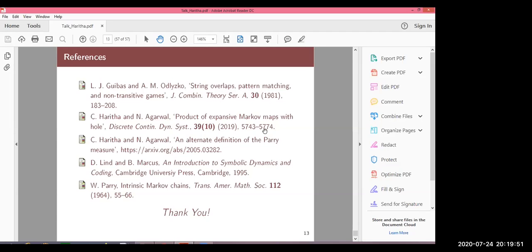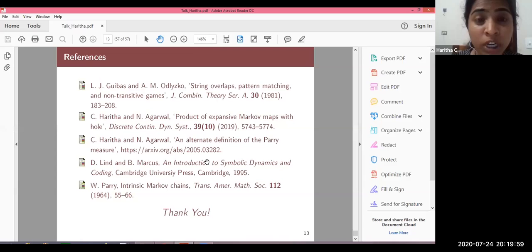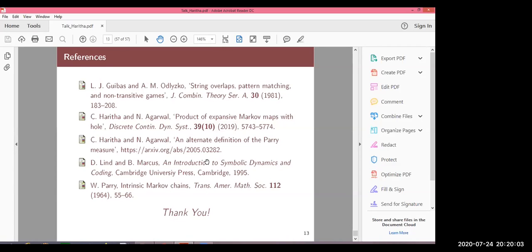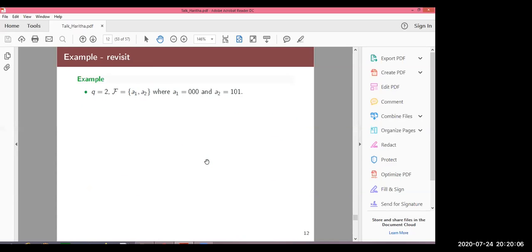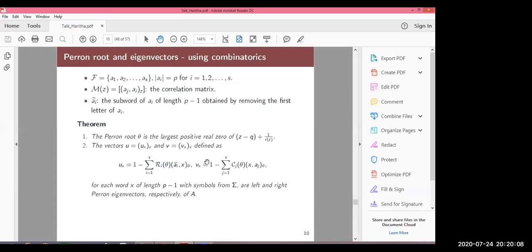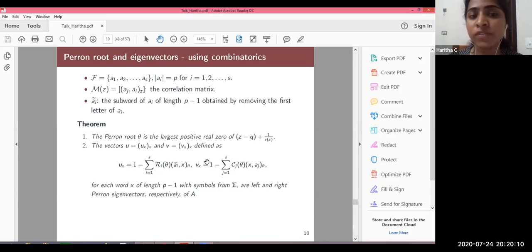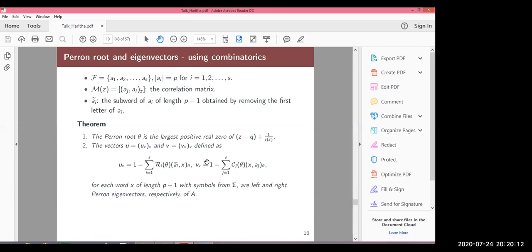Hello, Haritha, nice talk. I just wanted to know, you said something about the Q, I missed that. There was a Q when you defined a matrix. A small q. So Q is the size of the symbol set. Oh, okay. I see.